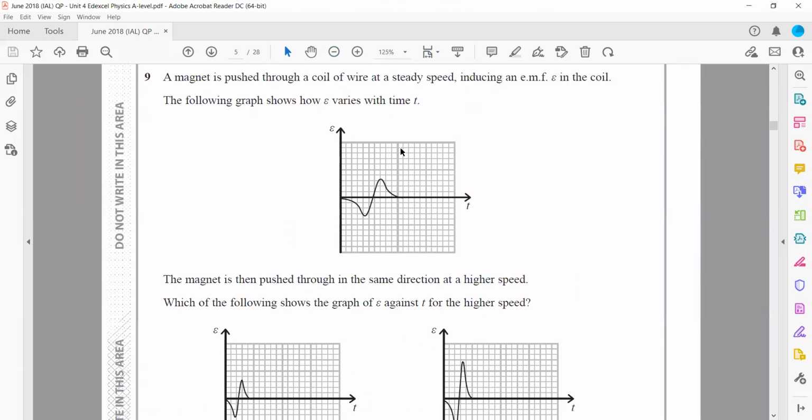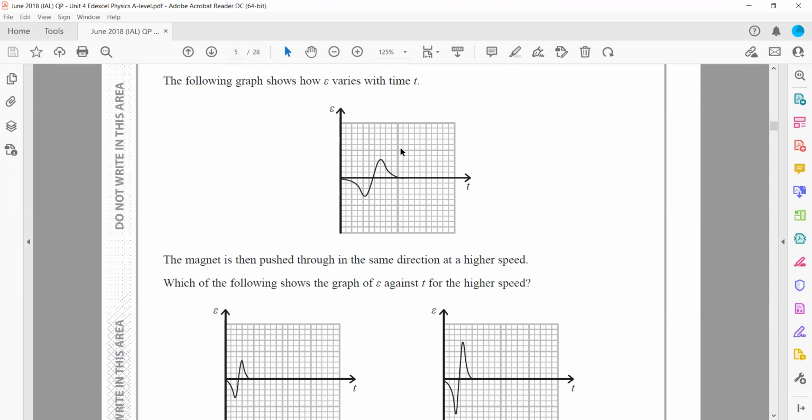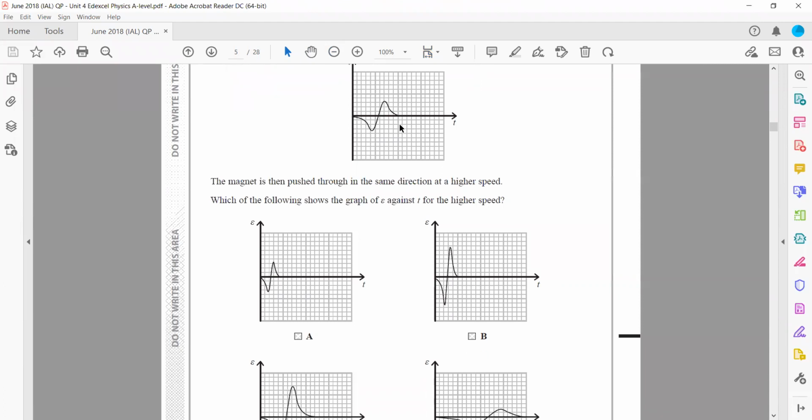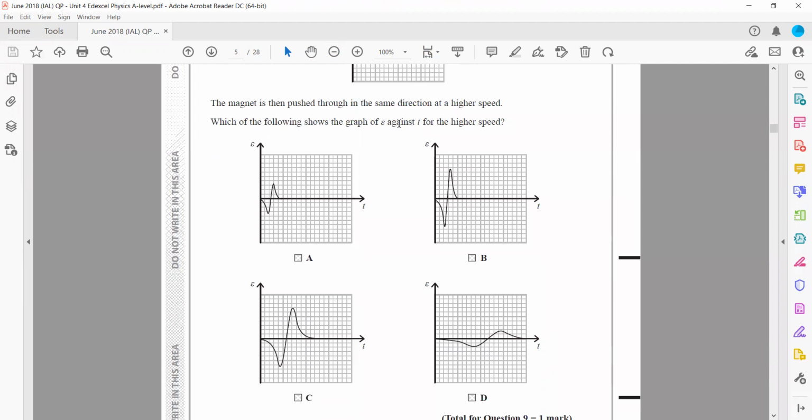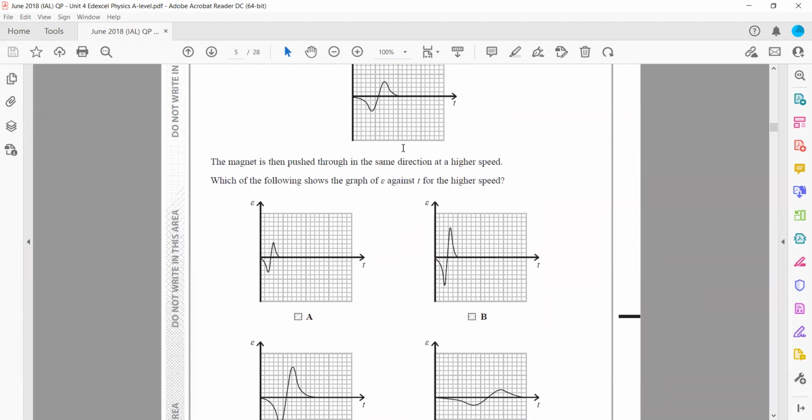A magnet is pushed through a coil at a steady speed and induces an EMF. Which graph shows the EMF? The magnet is then pushed through at a higher speed. What should happen at a higher speed? It should complete a cycle in a shorter time, so either A or B can be the answer. But when you move it faster, there will be a greater change in magnetic field, so there will be more induced EMF.